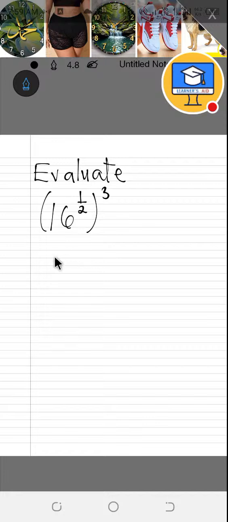So what's the answer? We have 16 to the power 1 on 2 times 3. But interestingly, even before we move on to that step, we could just convert 16.